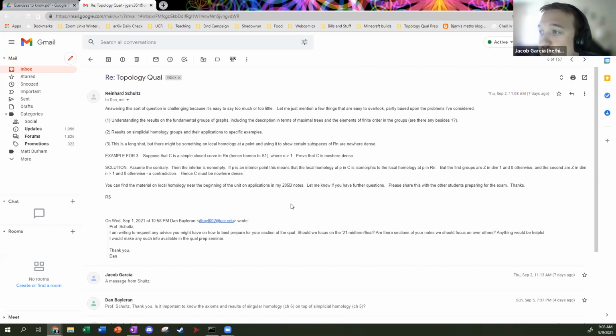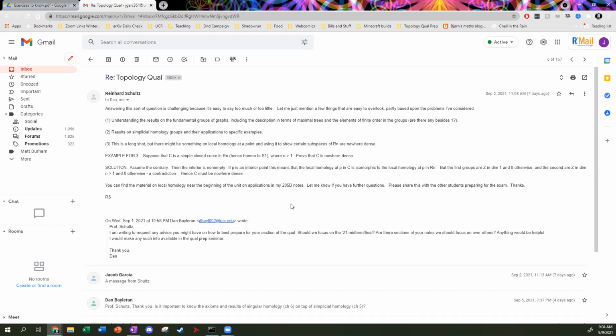Yeah, so what Schultz means by this is that if you find a maximal tree and you identify that maximal tree to a point, right? So you can deformation retract any tree to a single point. So you take a graph, you find a maximal tree, you deformation retract that to a point, and what you're left with is a wedge of circles. And that's one way to find the fundamental group of a graph.